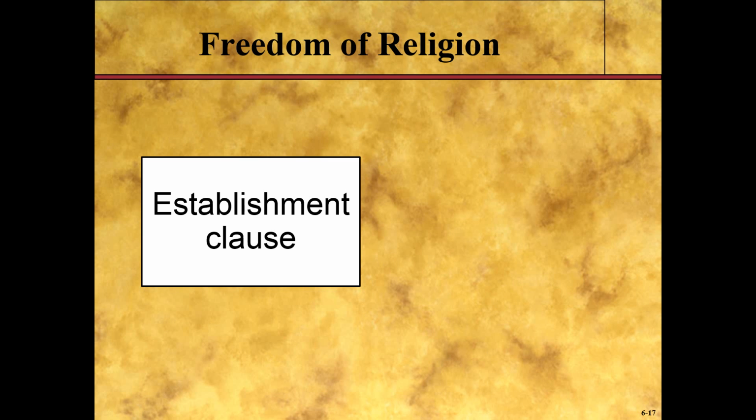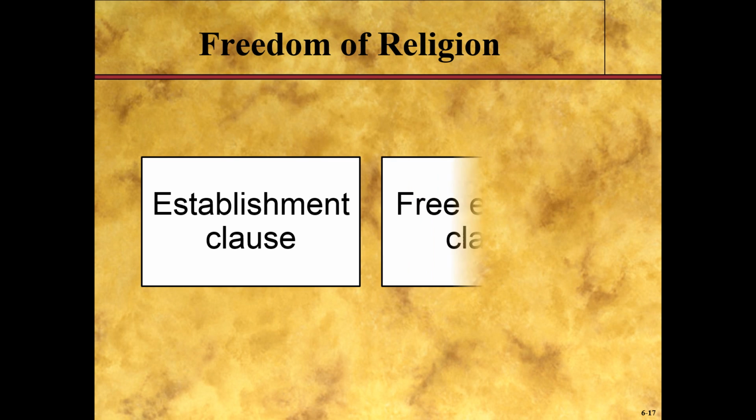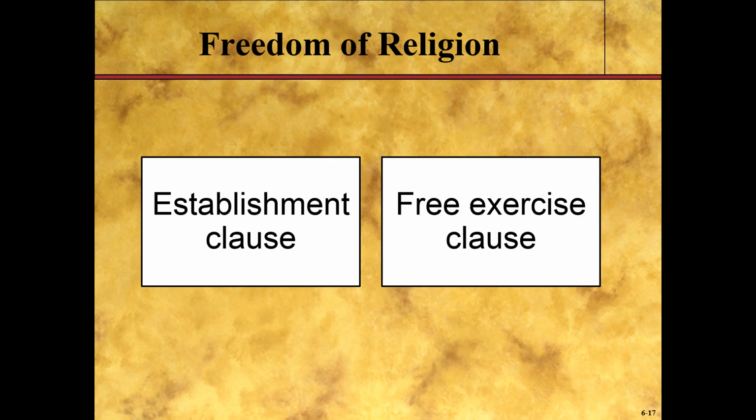So most business-related freedom of religion cases involve the free exercise clause. And that clause is dealing with things like what if your employee says, I must take every Sunday off because that's a religious day for me? And maybe your business says, well, that's a problem because Sunday is our busiest day and other employees also want Sunday off.